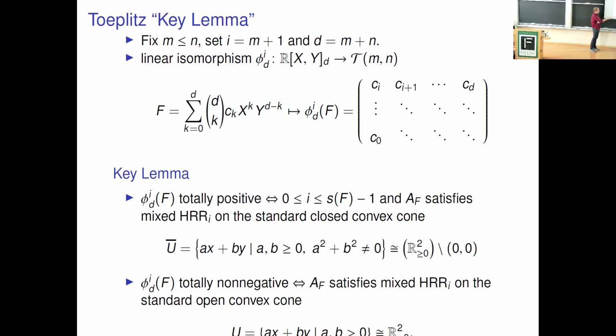And you can identify this with the non-negative quadrant in R2 minus the origin. And the other part is a statement about totally non-negative if and only if AF satisfies mixed Hodge-Riemann in degree I on the standard open convex cone, which is the positive quadrant.